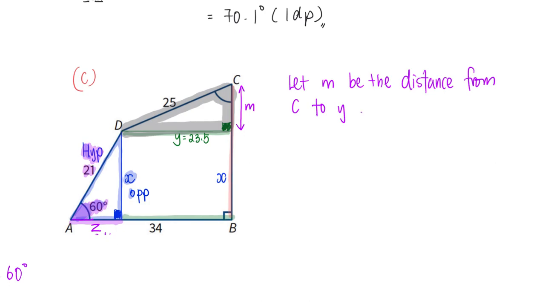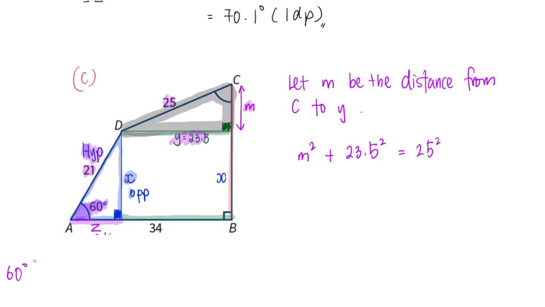And so I'm going to apply my Tuakaso again. And then, since y is an exact value, right, I'm going to use Pythagoras theorem. So m square plus 23.5 square is equals to 25 square.